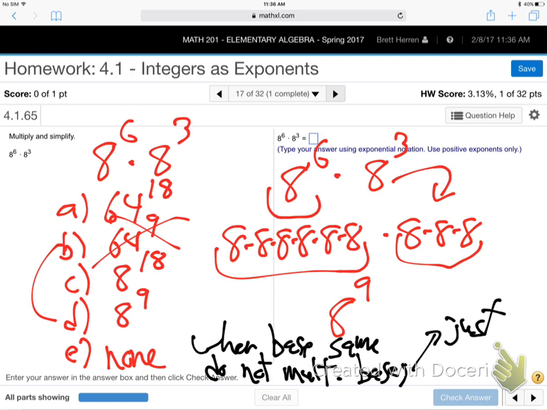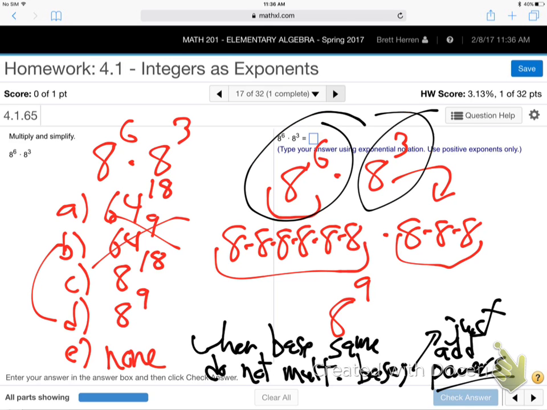Just add the powers. That's not just my opinion or any math teacher's opinion. That's the truth, isn't it? That's what it means. See how math just follows the definition of what the thing is? It just follows the truth like a hound dog following the scent wherever it'll go. Math is just following truth. That's all it's doing.